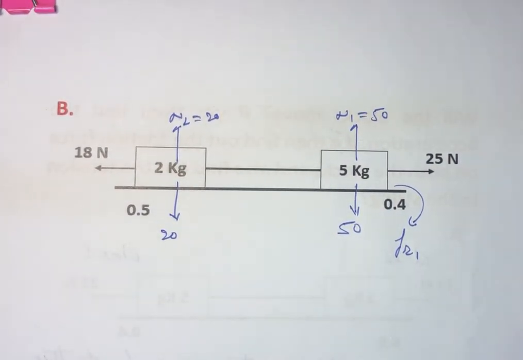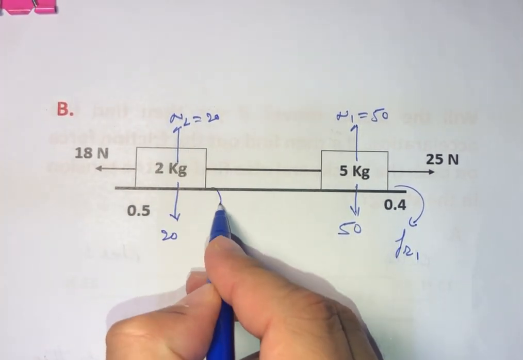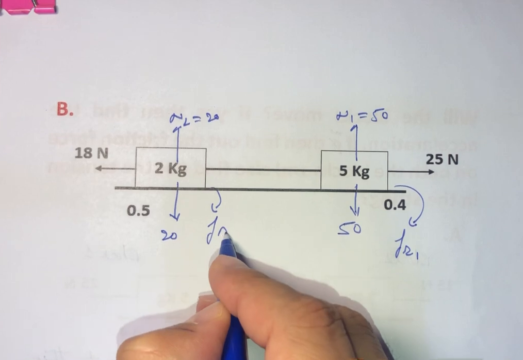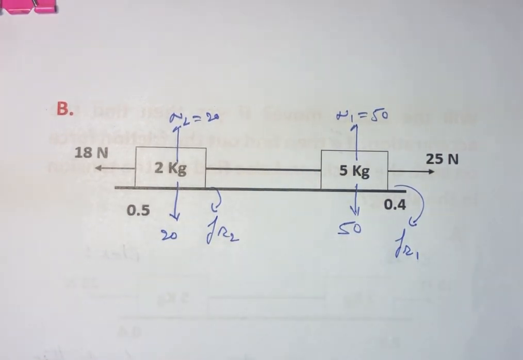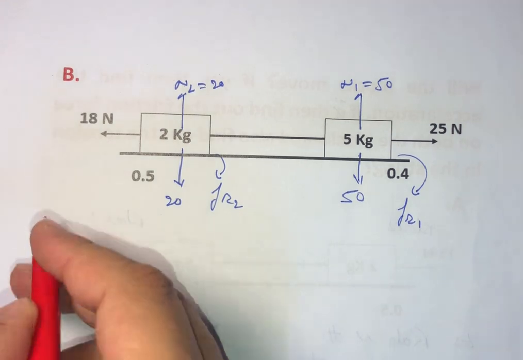The friction here is called Fr2. So we find out our maximum values of Fr1 and Fr2.